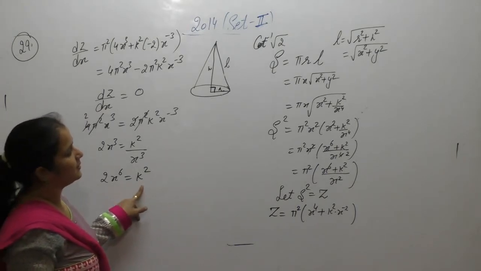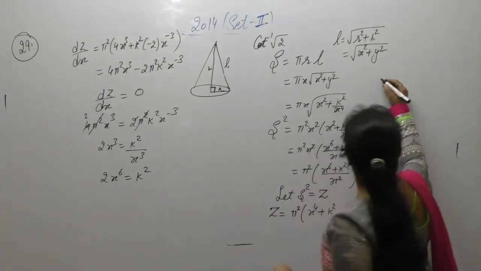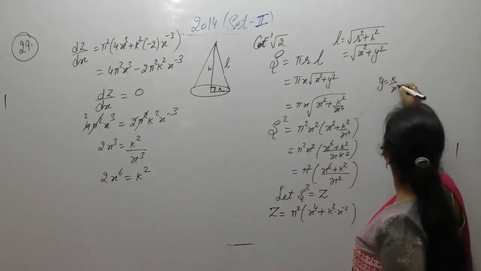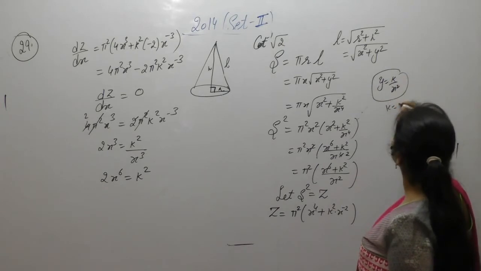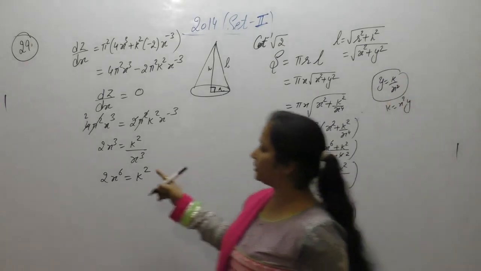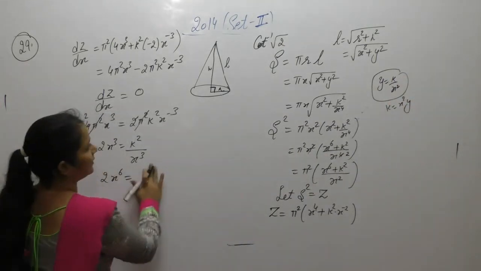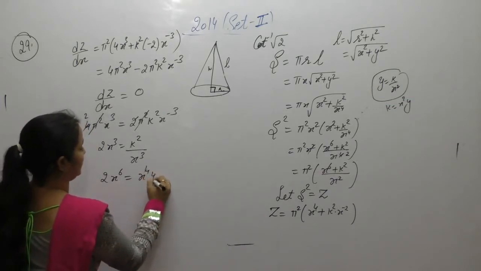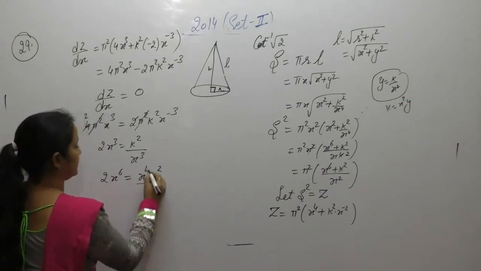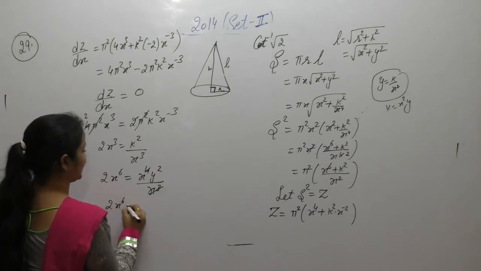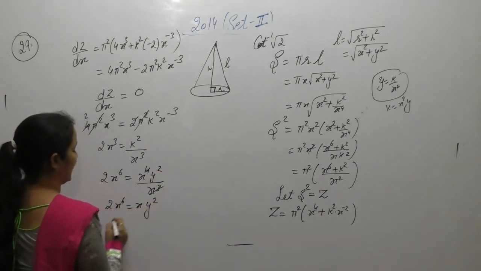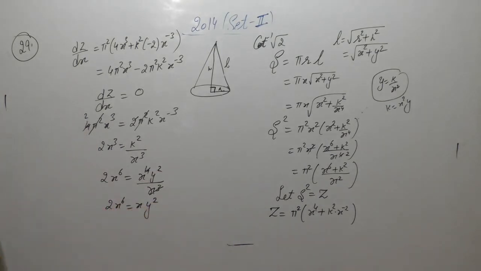We have the value of y as k upon x square, so k is x square y. Put the value of k, x square y, in k square upon x cube. So 2x6 equals x4 y square over x cube, that is 2x6 equals x y square.